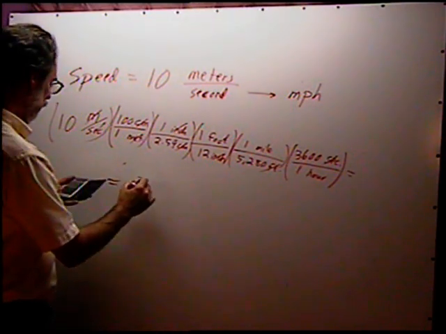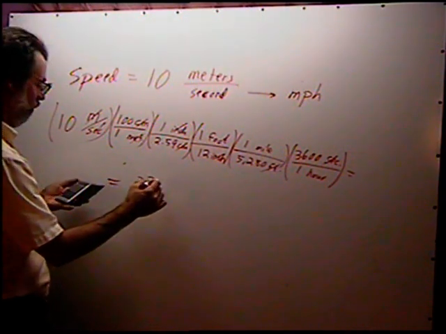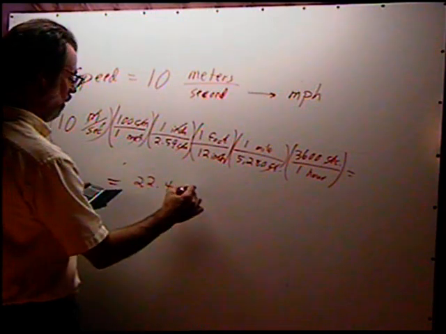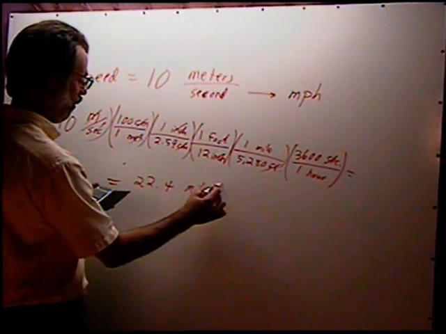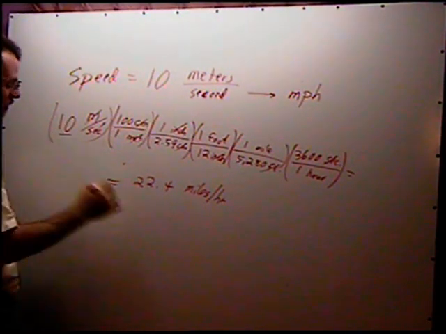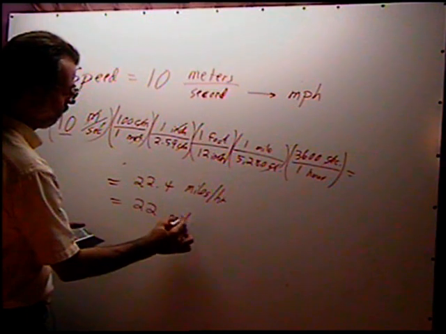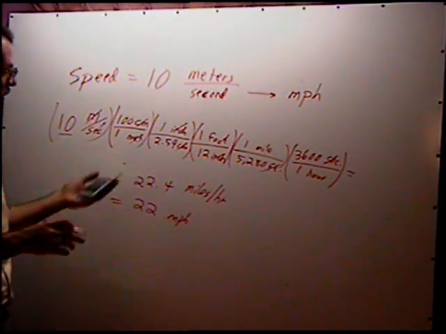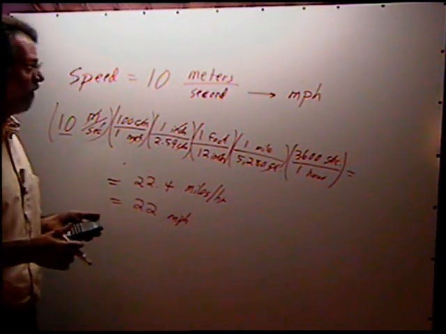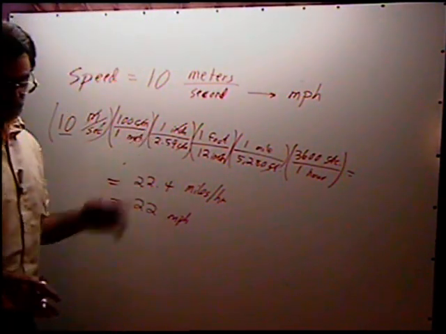I come out with 22.4 miles per hour. If this was exactly 2 significant figures, I'd round that off to 22 miles per hour. This is an example of how I would do a units conversion, and I would really want you to do something very similar to this.